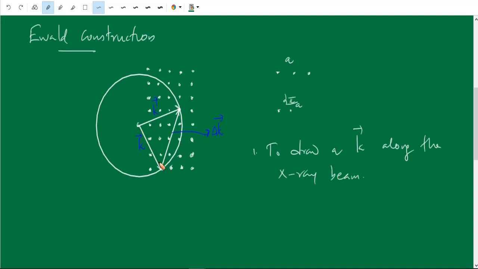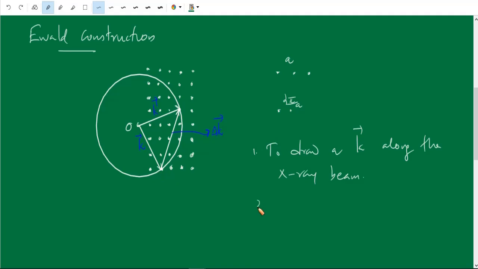This vector k represents the direction of the X-ray. We have chosen an origin O in such a way that this k terminates on a reciprocal lattice point. So here there is a lattice point, and this k terminates on it.